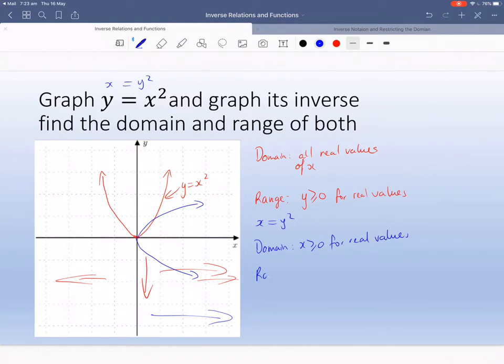And the range is y. It looks like it'll just get wider and wider, so it's going to be all real values of y. We can just say all real values.